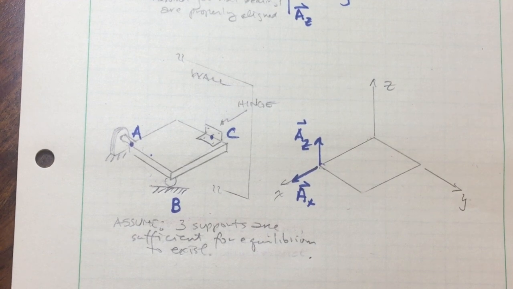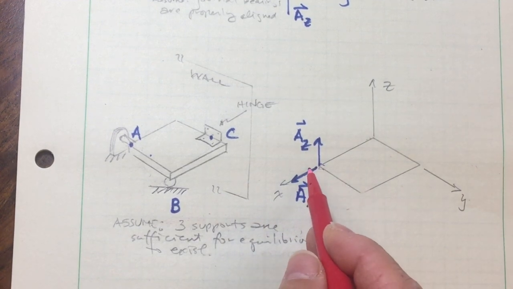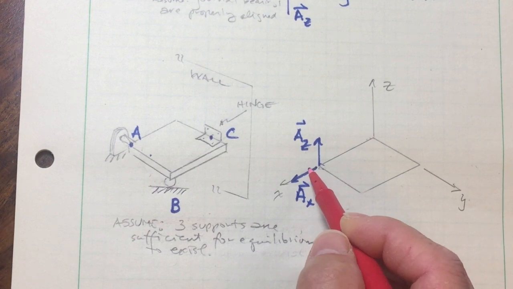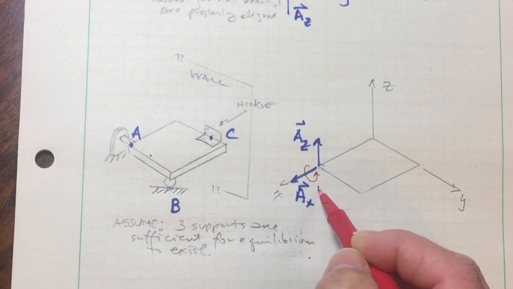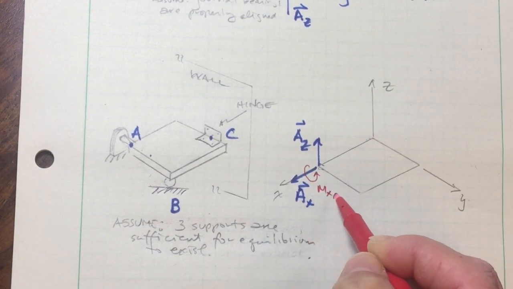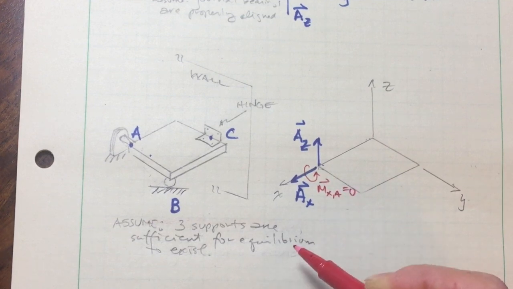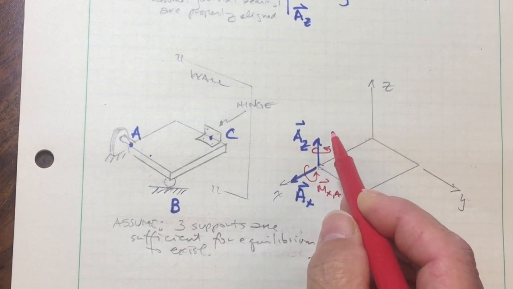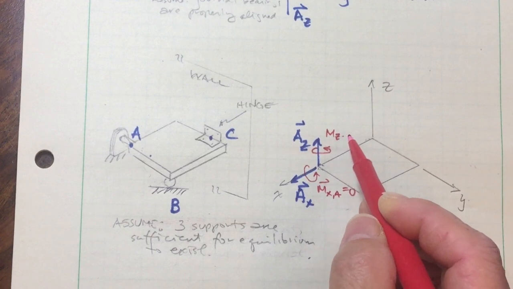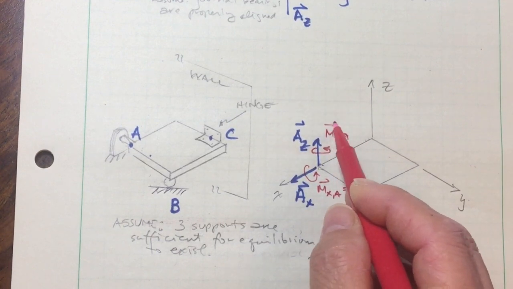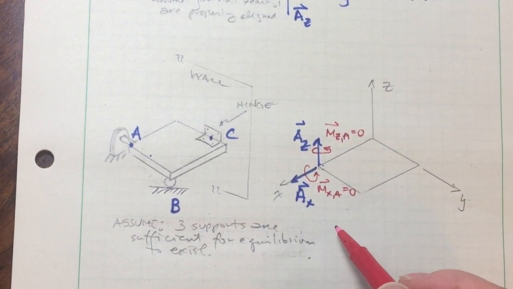Therefore, there will be no moment about the x-axis, so the moment about the x-axis right here at A is equal to 0. There will be no moment about the z-axis at A, and that's equal to 0.